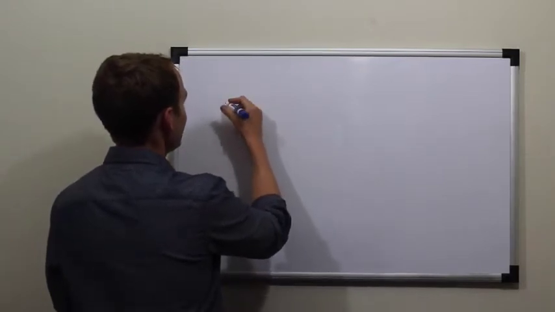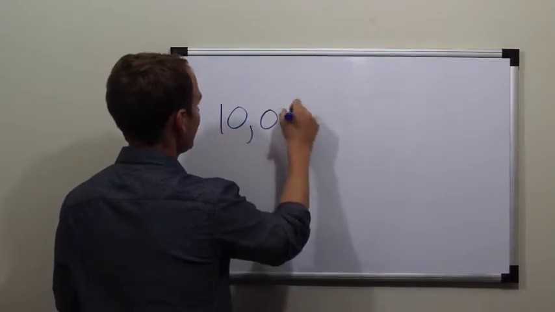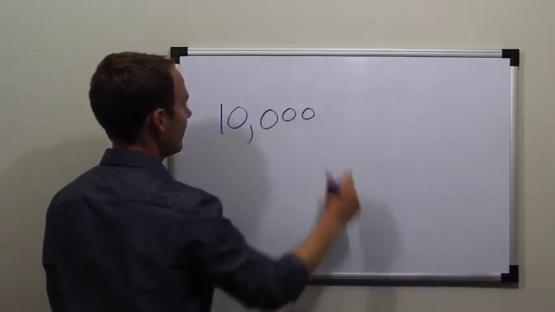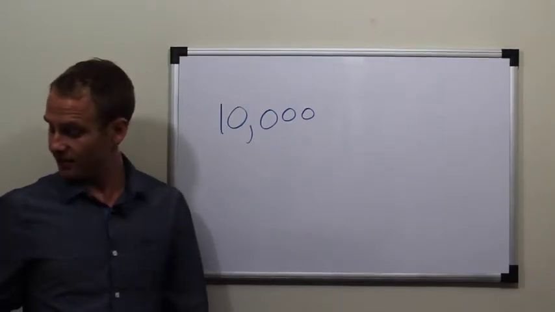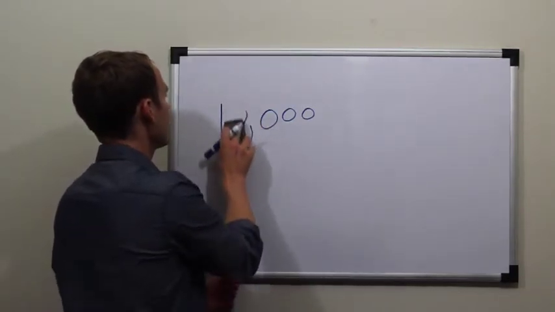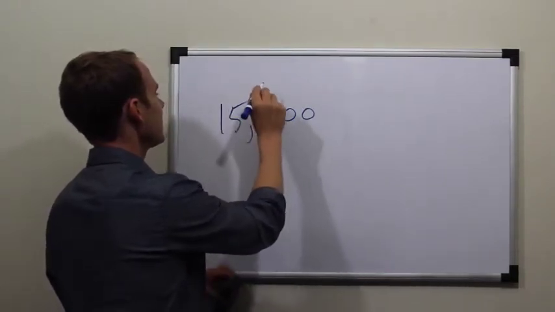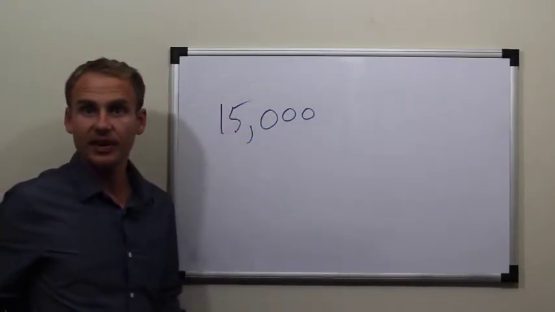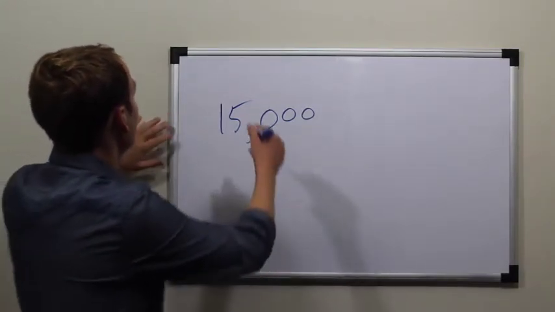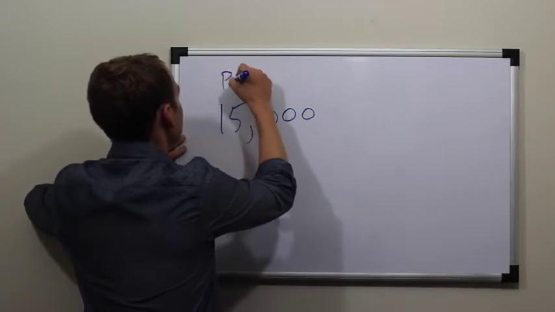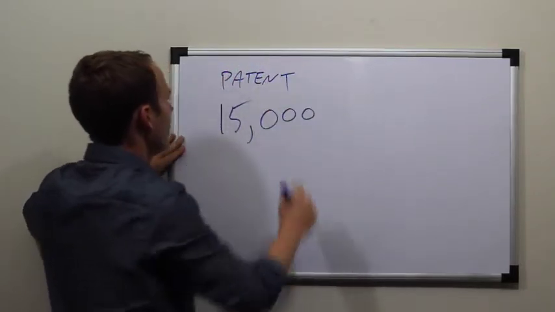Let's say we purchase a copyright for $10,000. In fact, let's say this copyright was actually $15,000. Now, we don't just go off and create an expense for this patent because it is actually an asset on the onset.